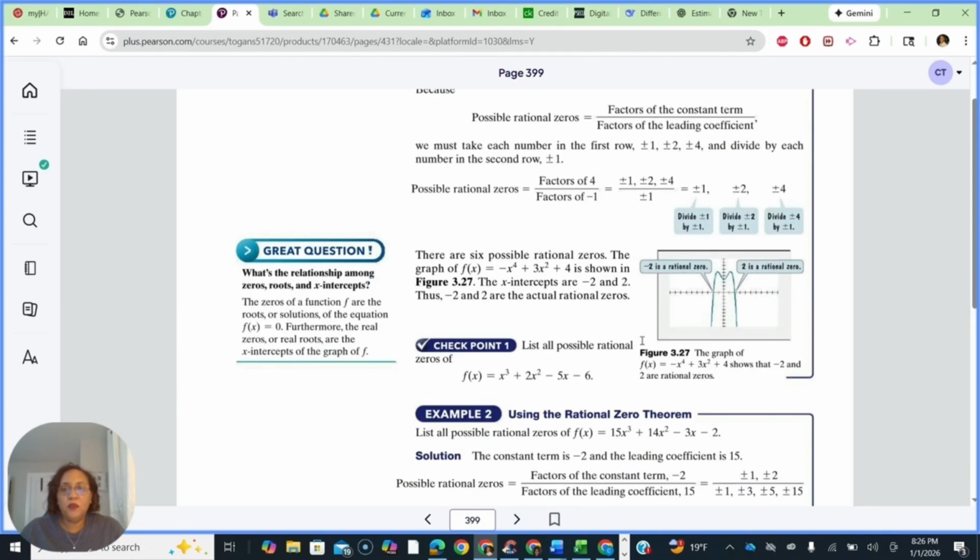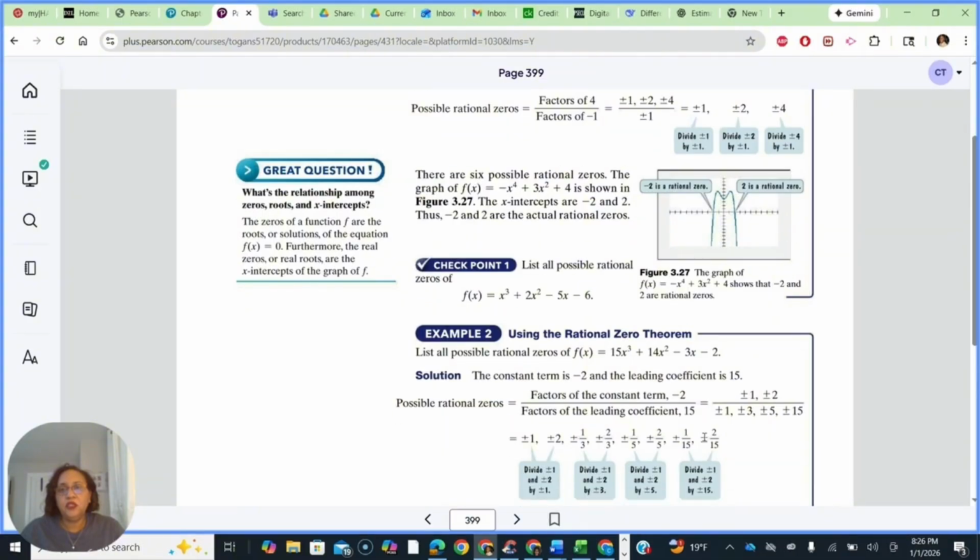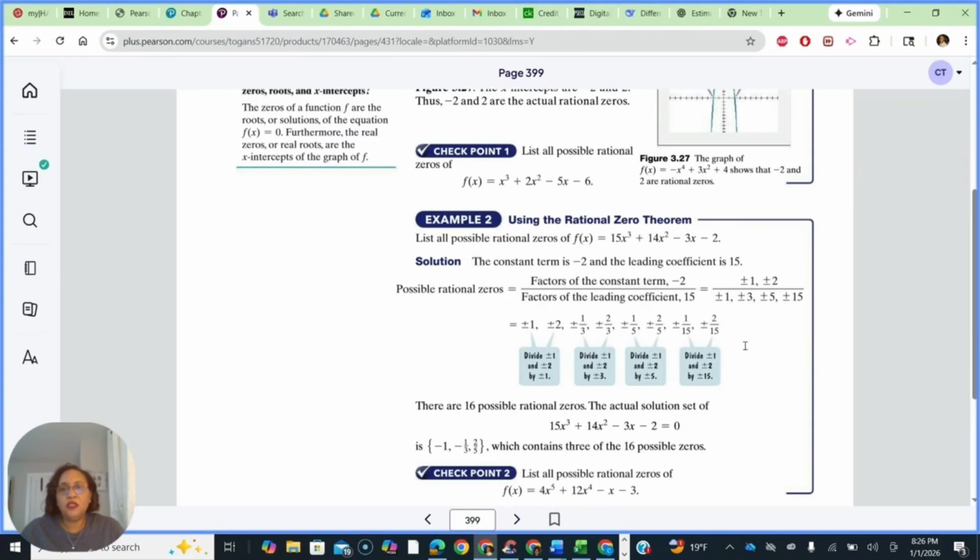So in your example, yours is negative 18, and then it's going to be over all of the factors of the leading coefficient, which yours is 2, right? Yes. Okay. So you're just going to do each one, and you're going to end up with whatever you have, and it's plus or minus. You have to consider both of them.